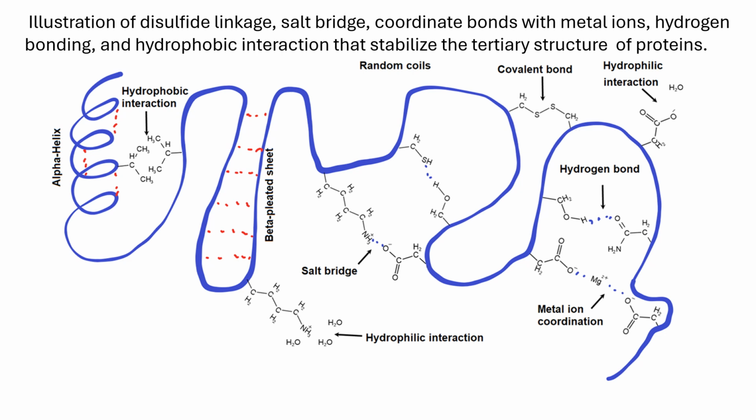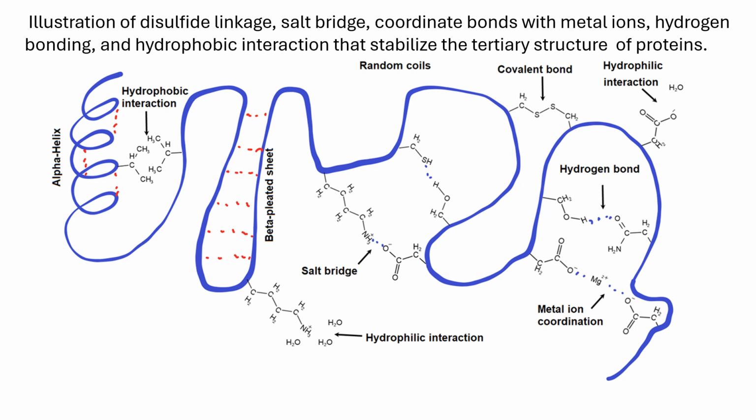So as you can see, this particular one is a hydrophobic interaction. This is alpha helix. This is beta pleated sheet. These are salt bridges. This is again a hydrophilic interaction, water loving interaction. This is a hydrophobic interaction. These are just random coils. This is a covalent bond, right? As you can see, the covalent disulfide bond, sulfur-sulfur bond.